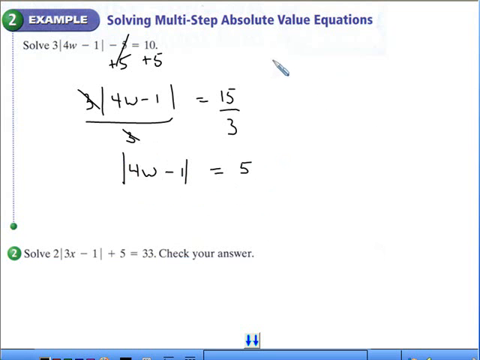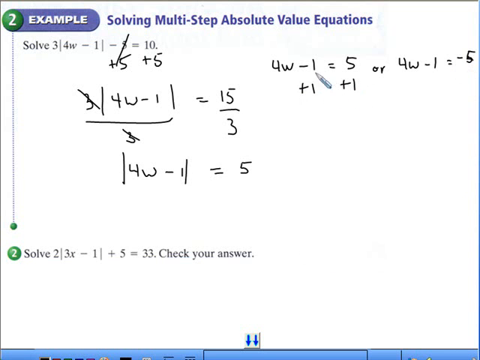So what's our first problem? It's the exact same thing without the absolute value bars. Then the second one, whatever's inside here stays the same: 4w minus 1 is equal to negative 5. Then just work it out.